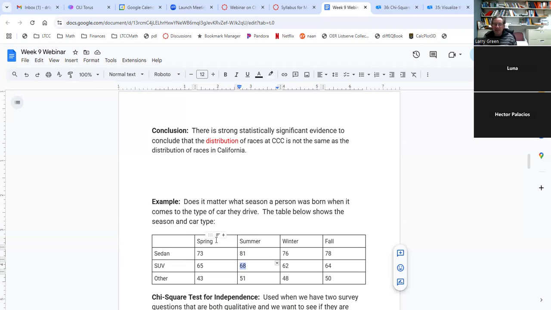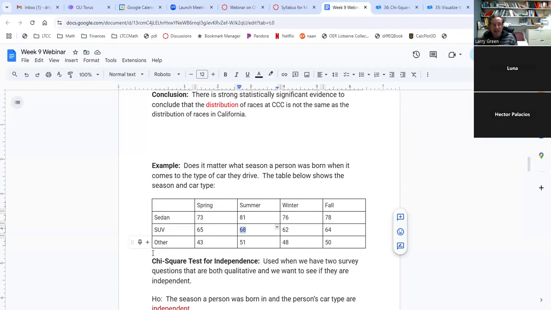Any questions on that? So we're going to use what's called a chi-squared test for independence. Okay, and that's again, when you have two survey questions, they're both qualitative, and you want to see if they're independent or dependent. Hopefully you understand it's very different than the last one in terms of kind of what it's looking at.